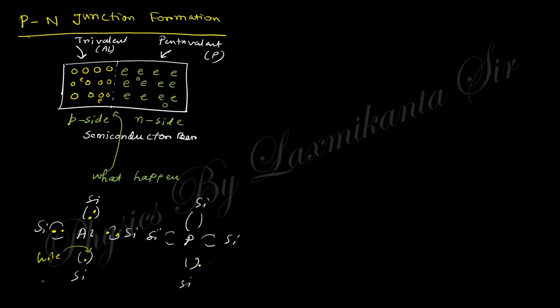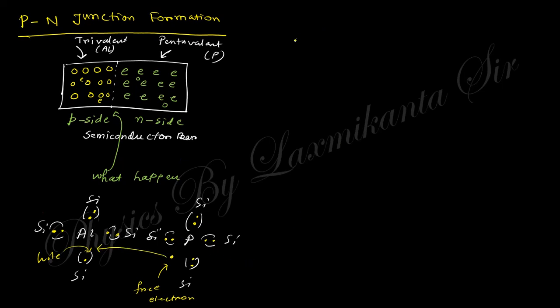In this pentavalent region, four electrons are valence electrons, and one excess electron is produced, which is the free electron. This free electron can move anywhere, but at this junction it can fill this hole and recombine.